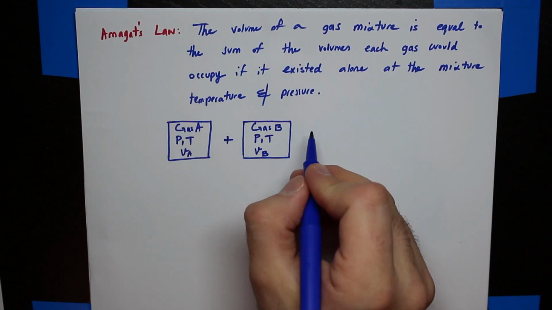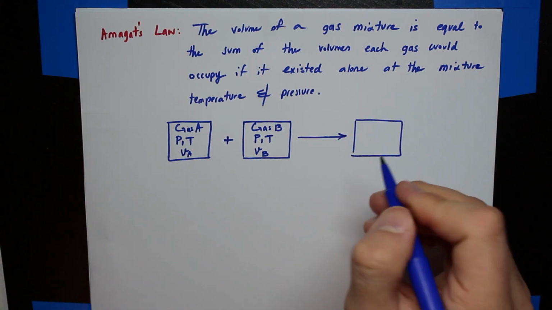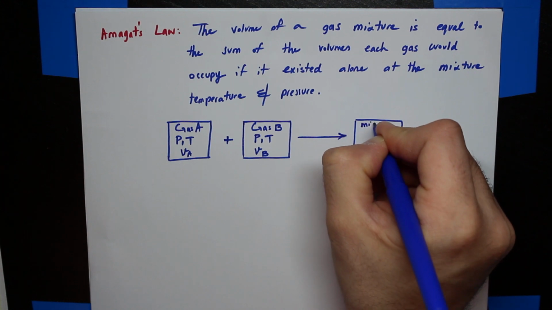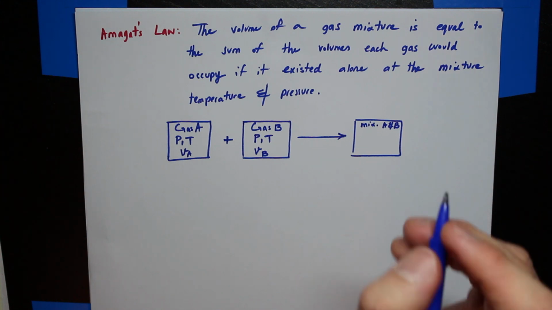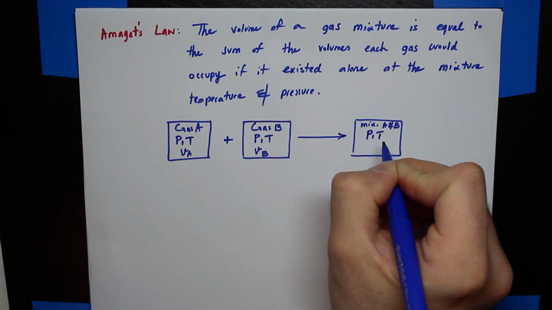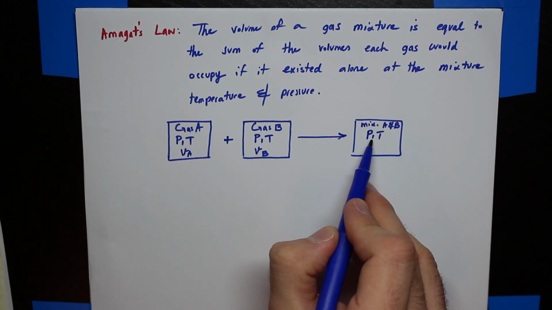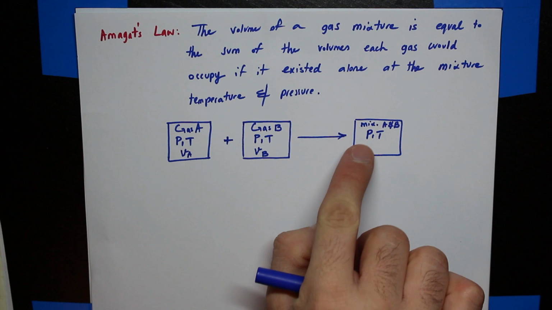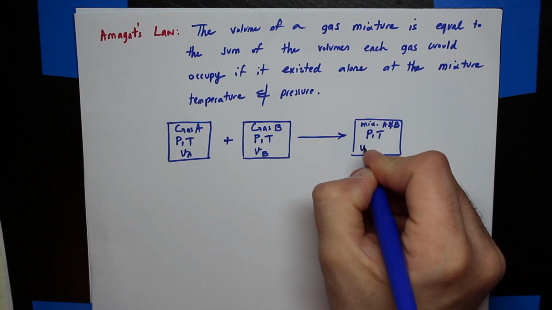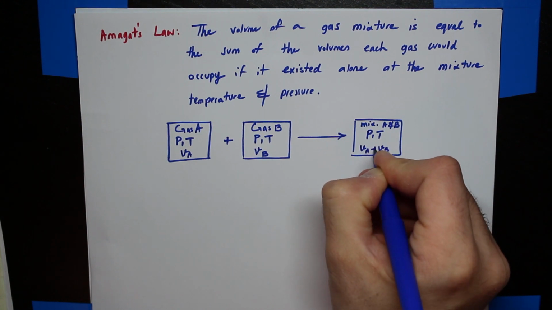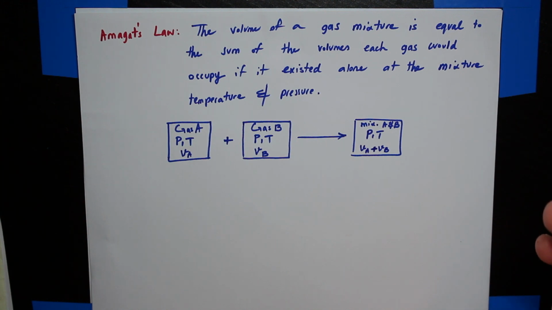So according to Amagat's law, the mixture of these two is another gas, mixture of A and B, whatever name you want to put for that, and the pressure and temperature are the same. So basically these are the pressure and temperature of the mixture, but the volume is going to be volume A plus volume B. So we are adding the volumes in the mixture. That is based on Amagat's law.